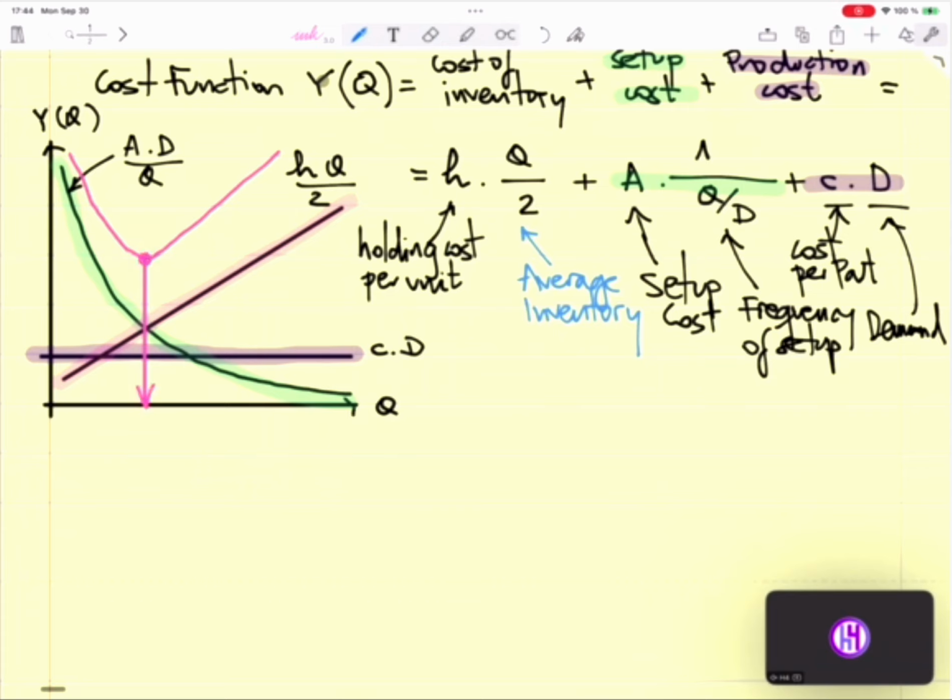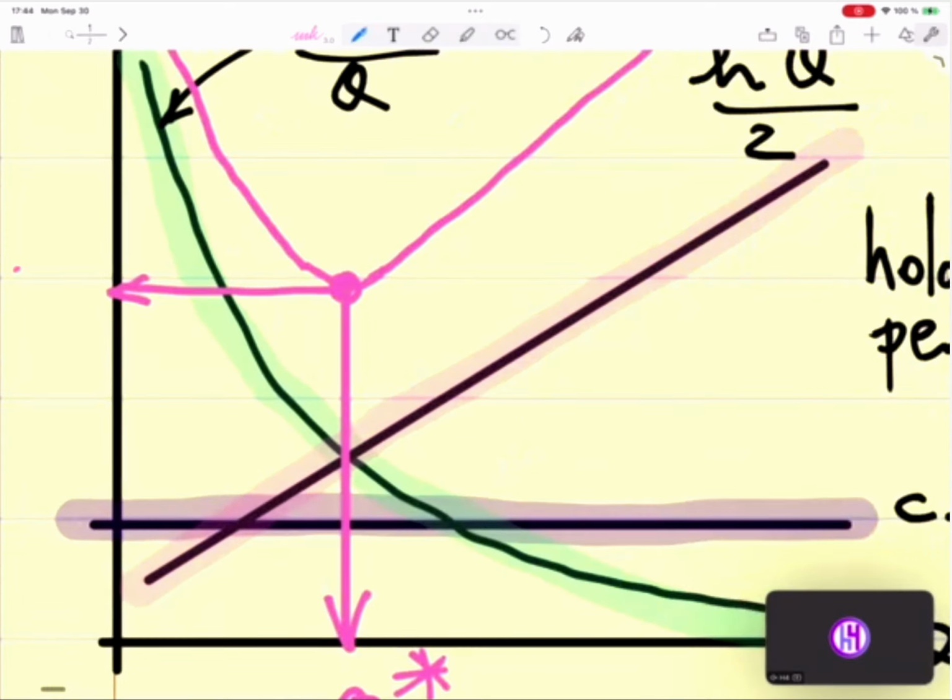And this is our economic order quantity, and this is our optimum cost at the economic order quantity.